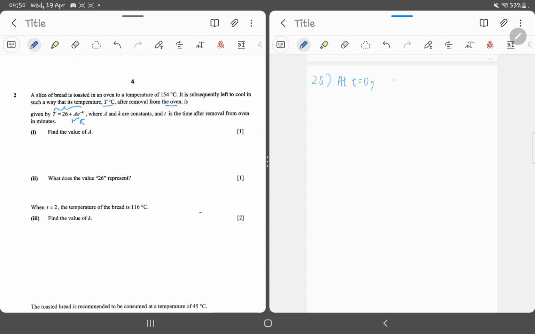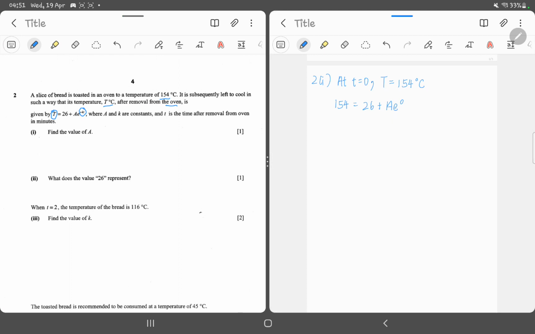At t equals 0, it makes sense to say that the temperature T is 154 degrees Celsius. So 154 equals 26 plus A e to the power of 0. Here I am substituting 154 for T, and substituting t equals 0, so the whole power becomes 0.